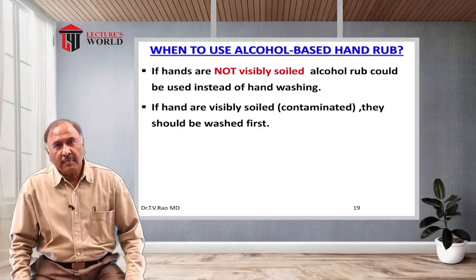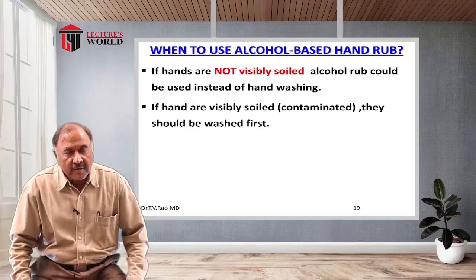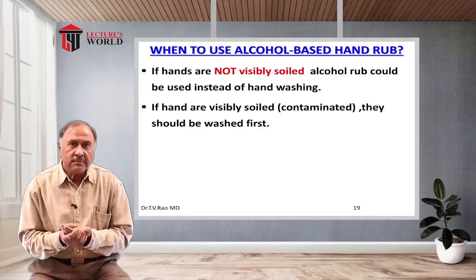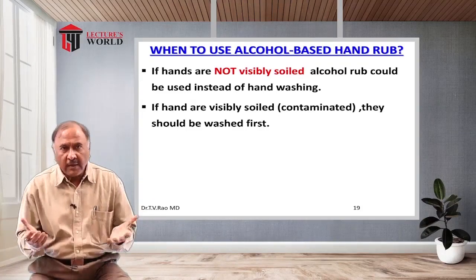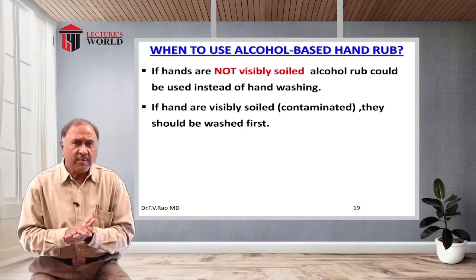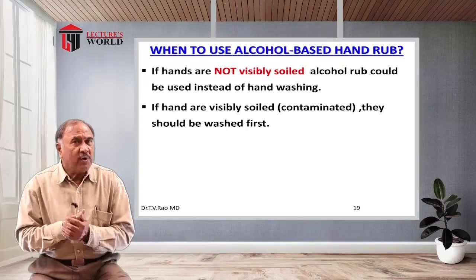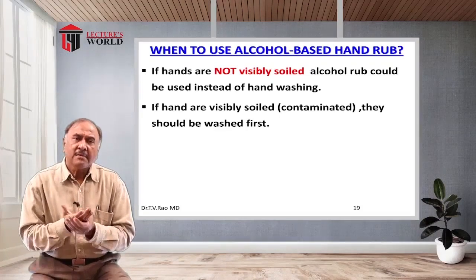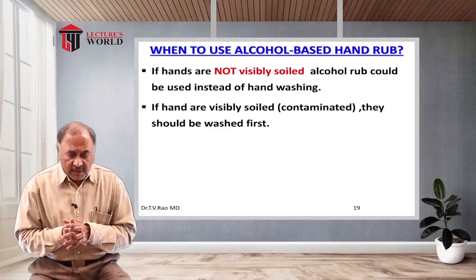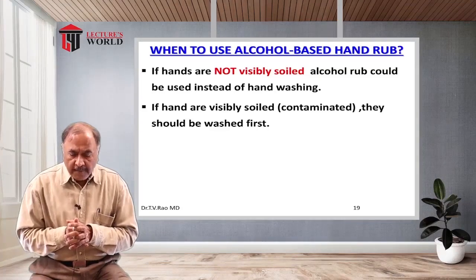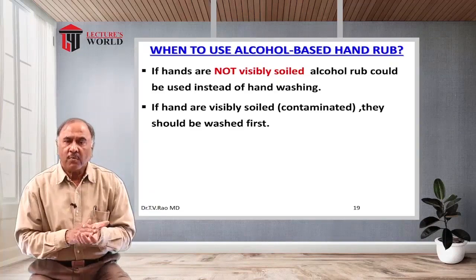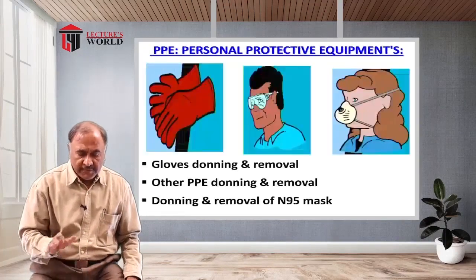If a physician is in a hurry and it seems that his hands are not soiled by anything, for example in the beginning of the day, then they can directly, without washing, use the alcohol based rubs thoroughly over the entire surface of the hand. This can also be done if the hands were visibly soiled, that is contaminated, and then they are washed. After they are washed, you have to use alcohol based rubs.